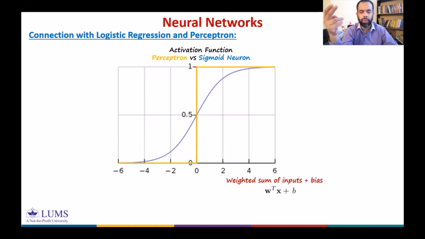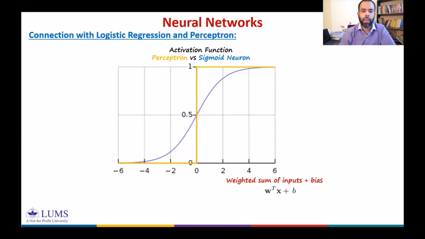So these are the two choices of activation function. We will look at more activation functions shortly. For now, we can say that the activation function introduces non-linearity, because what we're getting is a weighted sum of input plus bias, which is a linear transformation. After the linear transformation, we pass this linear combination through the activation function. So far, we know the step function and the sigmoid or logistic function. This activation function introduces non-linearity.